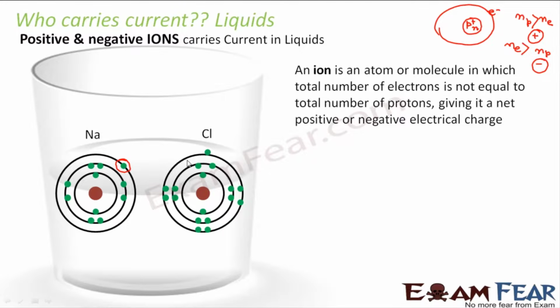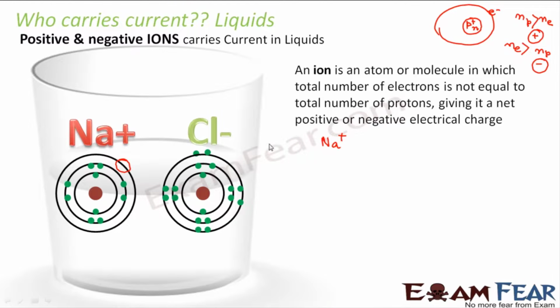Right? So both sodium and chlorine, in order to become stable, what do? Sodium loses one electron and gives this electron to chlorine. So now chlorine is also happy because chlorine became stable. Sodium is also happy because sodium became stable. But since sodium lost one electron, sodium became positively charged. It became Na+. So this is the Na+ ion.